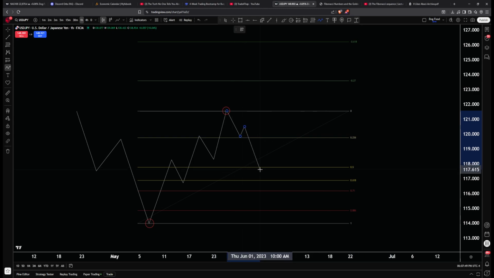That means it's 50% off from where it originally started. And these colors, the gold is the golden retracement area. If you look at the Fibs book, I'll put it in the books section in the T4T Trading Discord. The golden retracement zone is an area where you can expect some type of reaction.